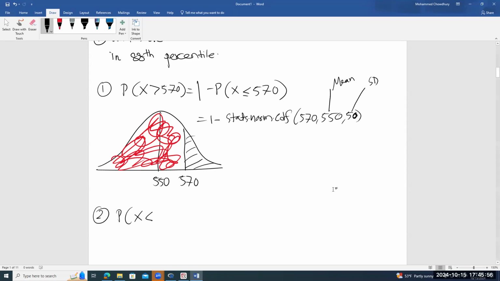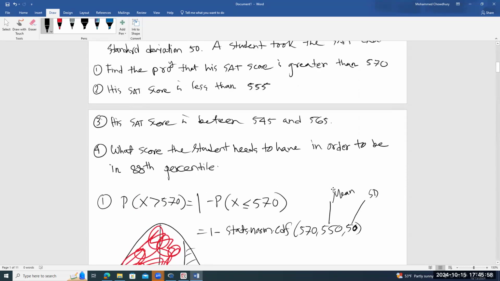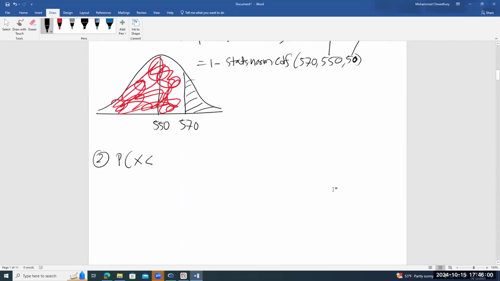And that one is 555, I guess. Less than 555, which is equal to stats.norm.cdf(555, 550, 50). That is the answer.